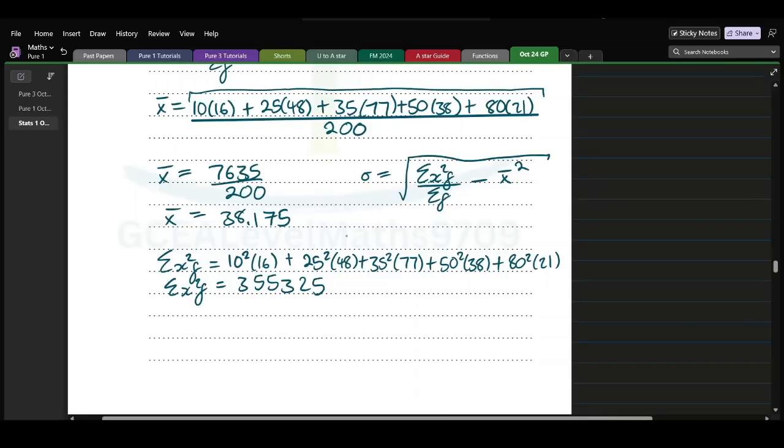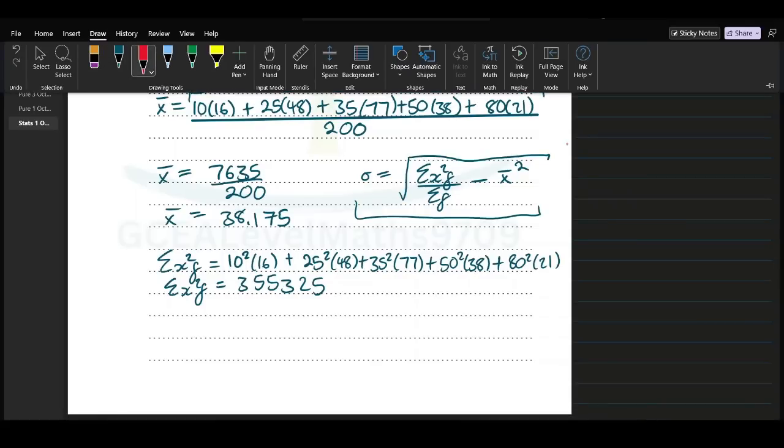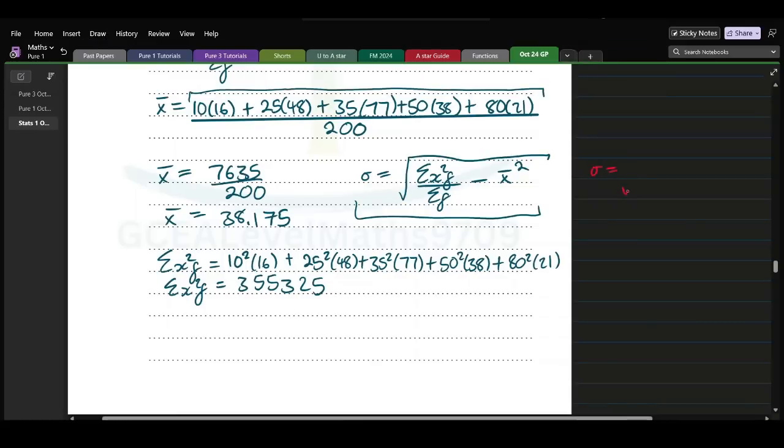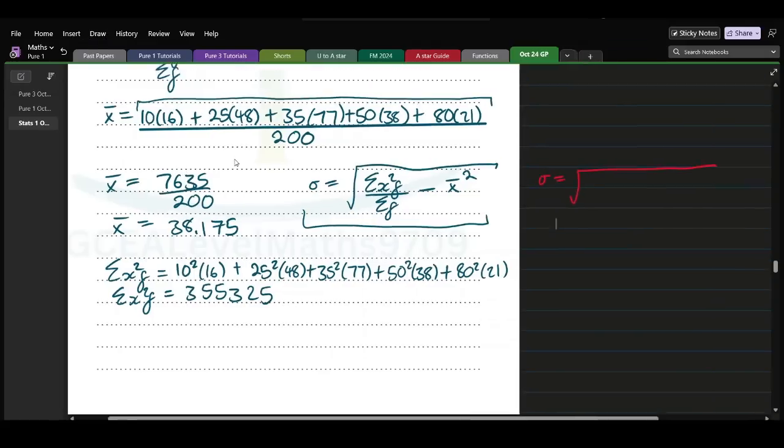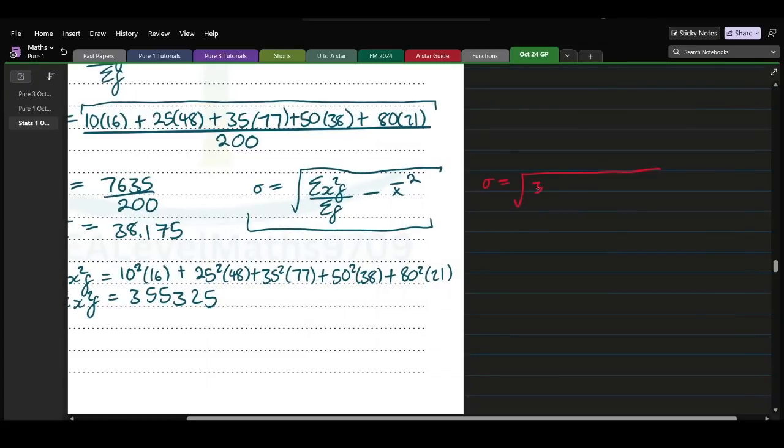Okay, so now we can substitute into the equation for standard deviation. Let's do it on the side. So sigma is equal to the square root of 355,325 over the summation of f, which is 200, minus our mean squared. Our mean is 38.175, and this is squared, so sigma is equal to, now let's punch this into the calculator.